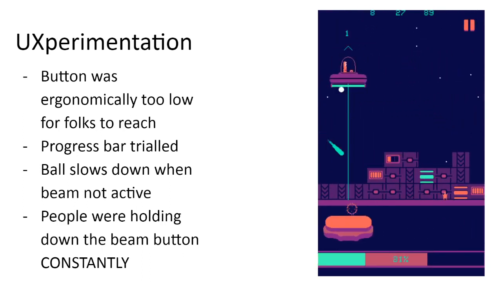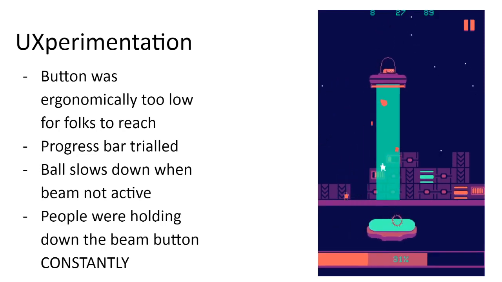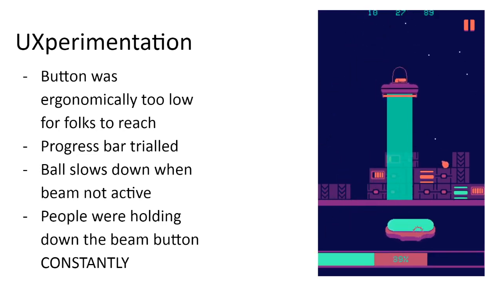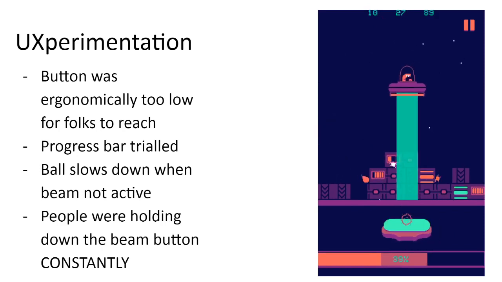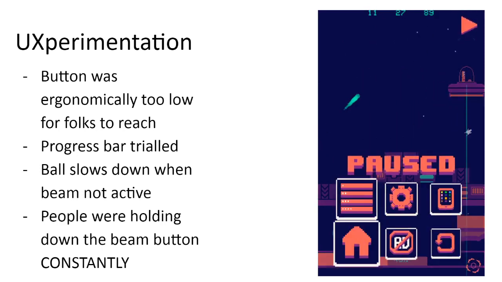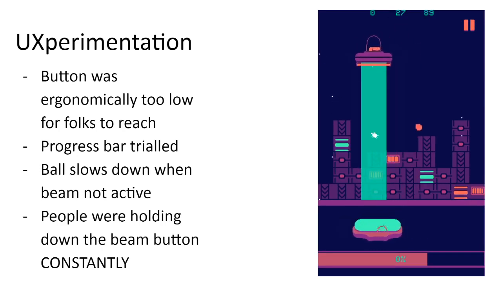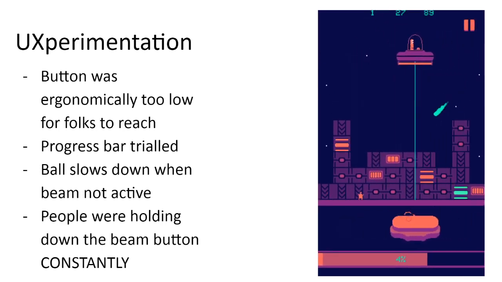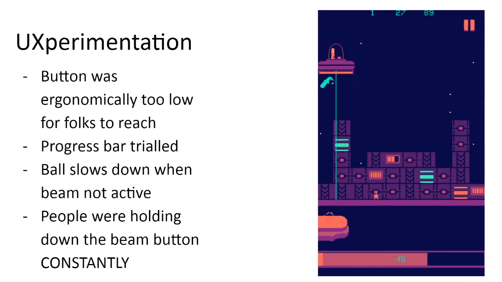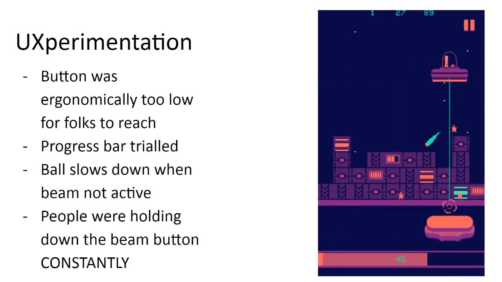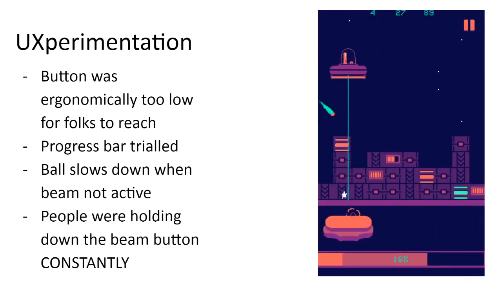I experimented with slowing down the ball when the player activated the beam, as a means of giving the player a little bit more of a chance to abduct the enemies, but still having a little bit of danger, to not make them complacent.